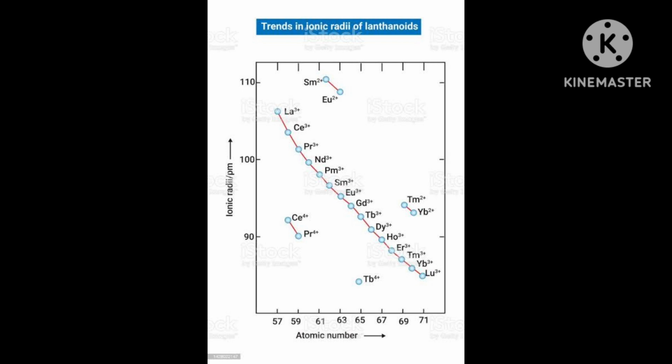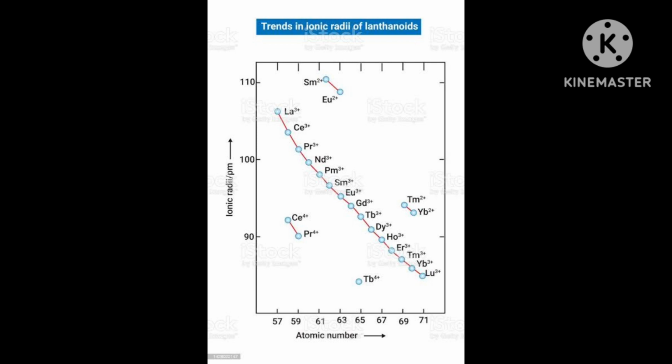And if you want to remove one more electron to get Ln3+, then now 4f3 will remain. Again, if you want Ln4+, then one more electron should go, then 4f2 will remain. Now for neodymium, its radius is 181. But Ln3+, when you remove 3 electrons, then now the radius will be very less, 99 picometer only.